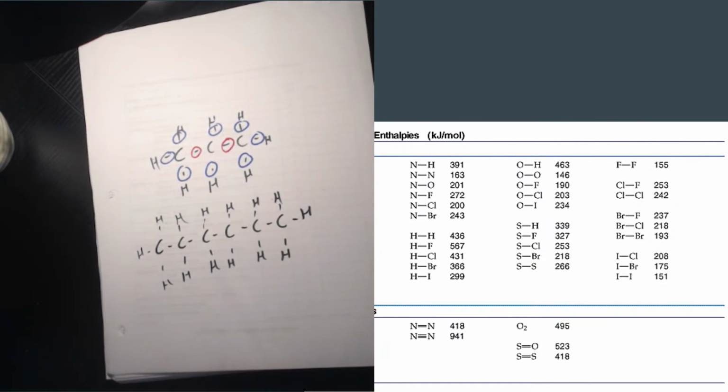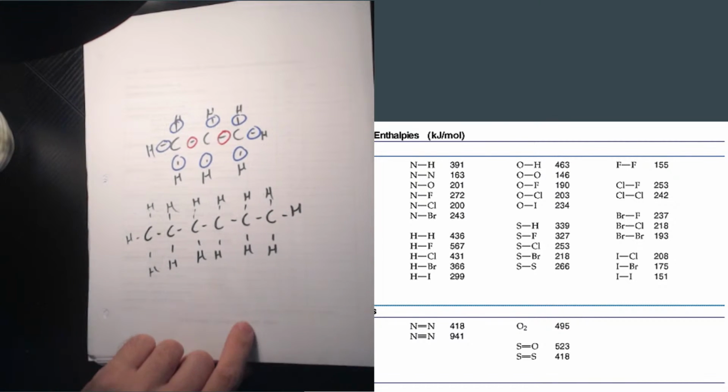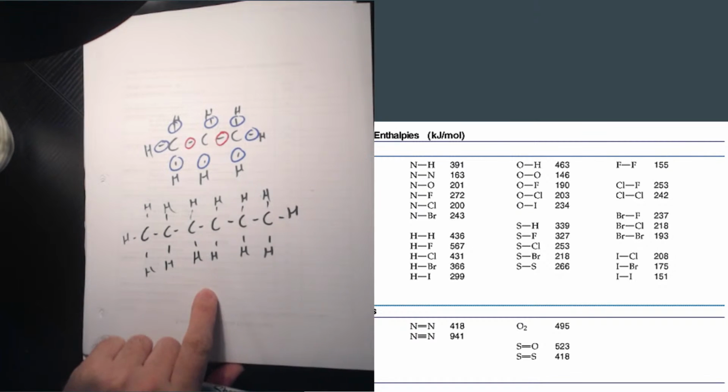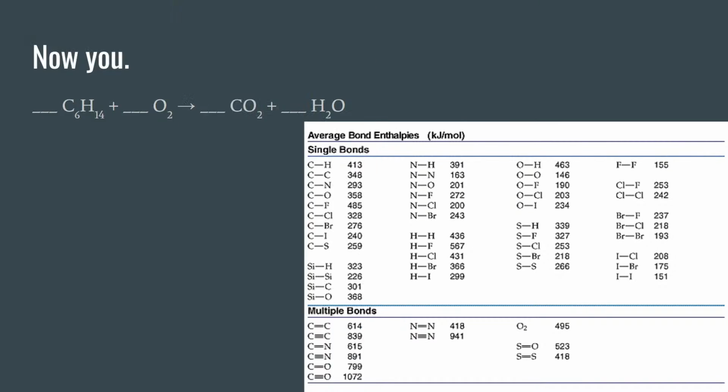All right, so now with that picture, you pause the video and you can count up all the bonds. Okay, you counted the bonds. And now let's go ahead. I'll remove the picture so that you can use the entire table.